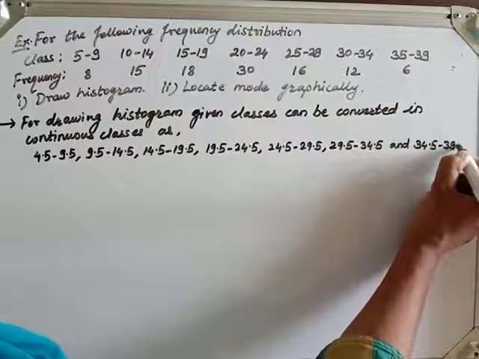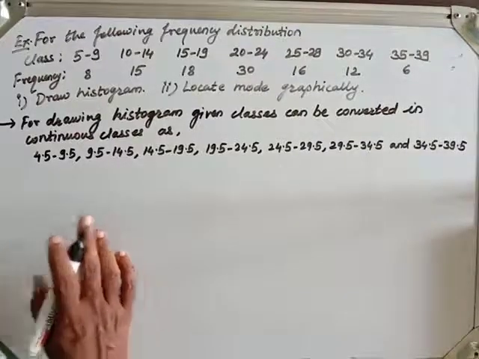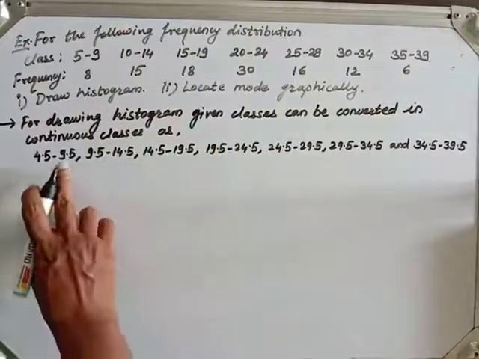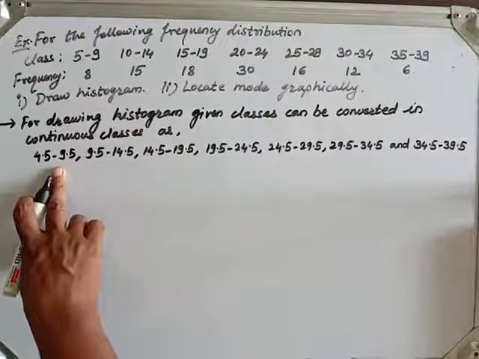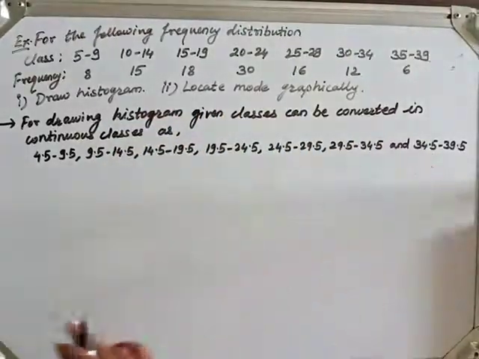These are our classes. We need them while drawing the histogram. So now let us draw the histogram. We have the frequencies of these classes. Obviously this class has frequency 8, this one has 15 and so on. The last one has 6.